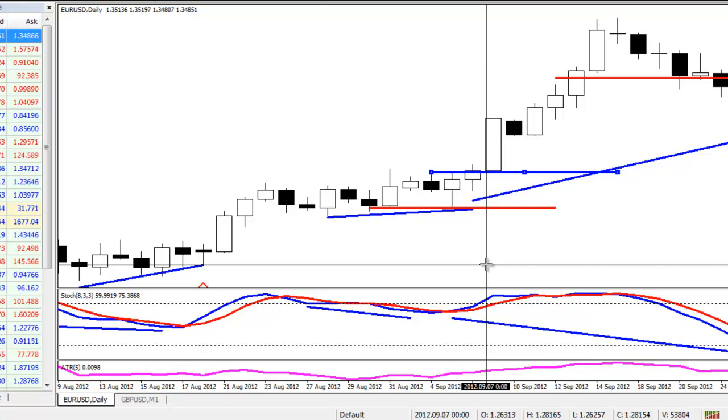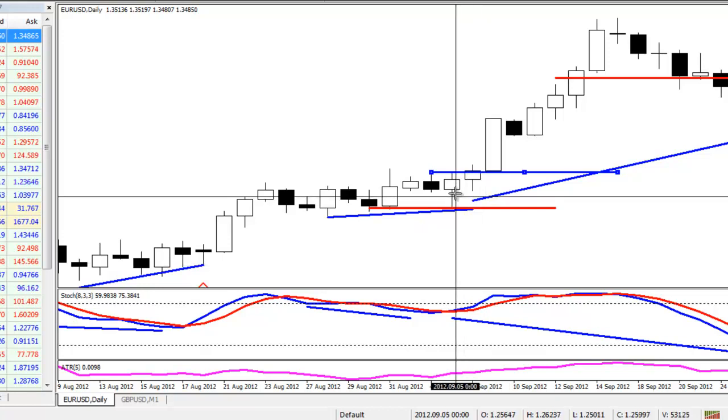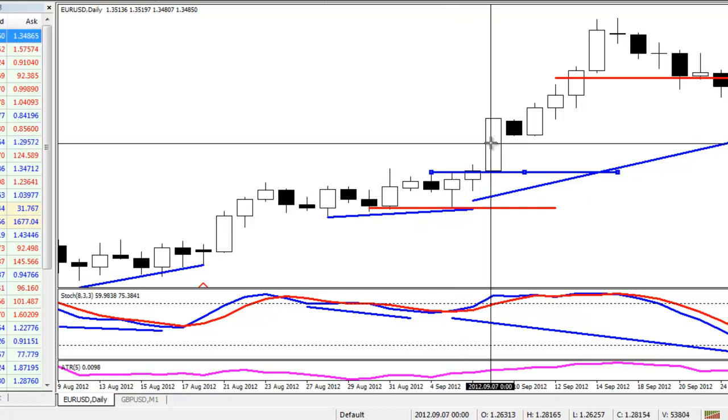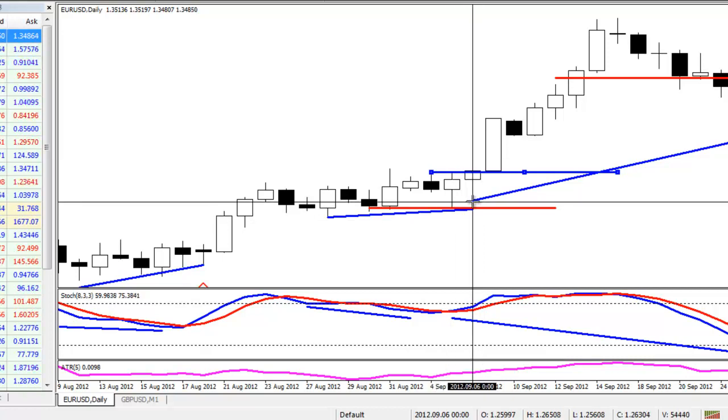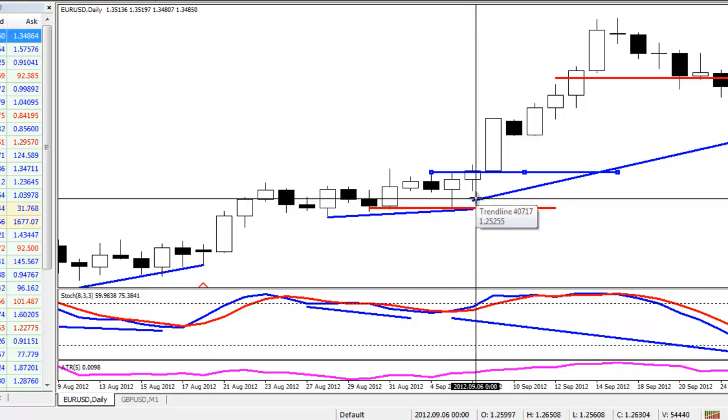So it was inverse reward to risk to begin with, but you knew within 2 candles in this case that you couldn't lose on the trade. You'd hit your ATR5 and you'd move the stop loss. And that's that beauty of the ATR5 and how it helps you to increase your success rates.